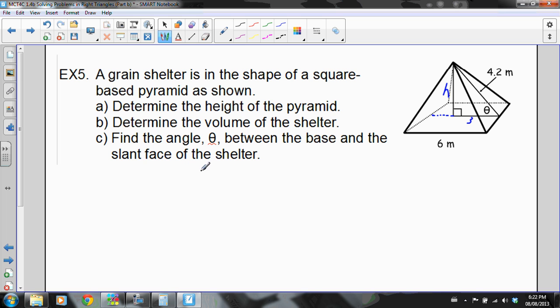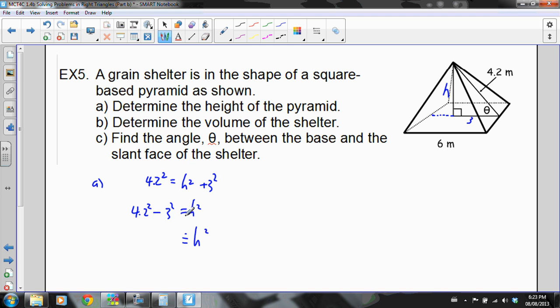And so now, part A, 4.2 squared minus H squared equals 3 squared, so H squared is 4.2 squared minus 3 squared. I'll put that in our calculator in one step. Why not? What do we got?